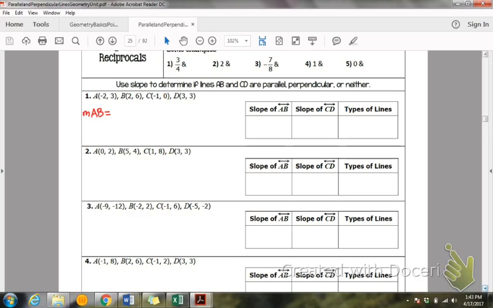We're going to use, again, our y1 minus y2 over x1 minus x2. That gives me negative 3 over negative 4. What's negative over negative? Positive. So over here in this box, the slope of AB is 3/4.